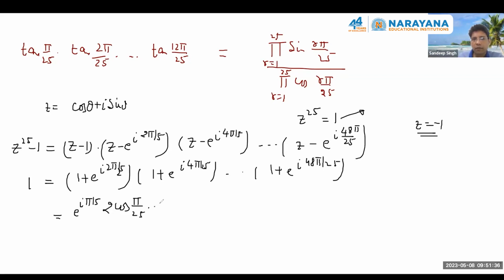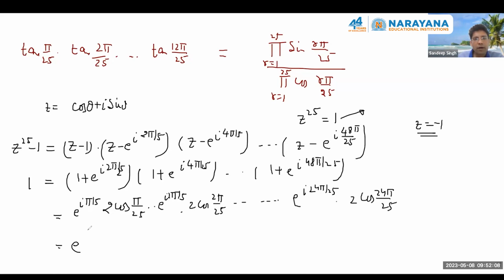Likewise, in the second term, you take common e power iota 2 pi by 25. Is it clear to everyone what we are doing? Yes, sir. So this is 2 cos 2 pi by 25, and each term you will continue evaluating in this manner up to 24 pi by 25, which will be 2 cos 24 pi by 25.